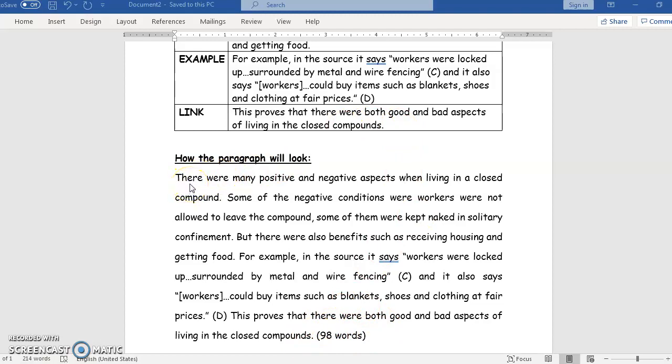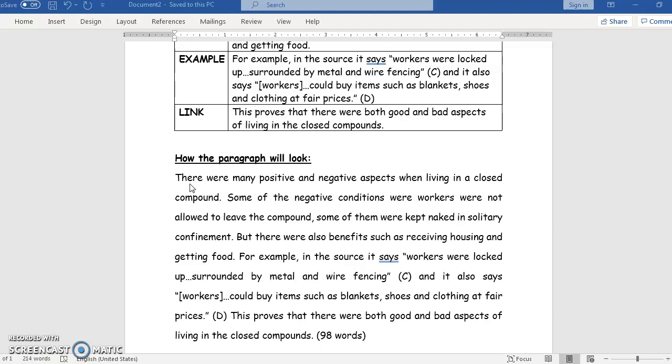There were many positive and negative aspects when living in a closed compound. Some of the negative conditions were workers were not allowed to leave the compound. Some of them were kept naked in solitary confinement. But there were also benefits, such as receiving housing and getting food. For example, in the source it says, workers were locked up, surrounded by metal and wire fencing.